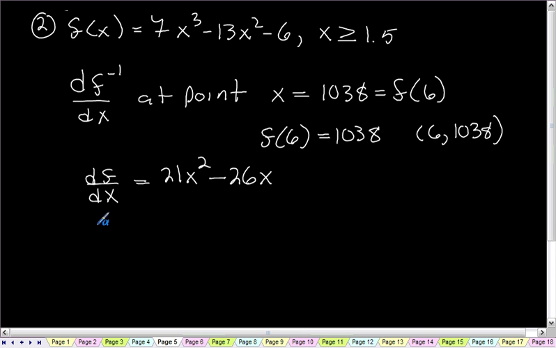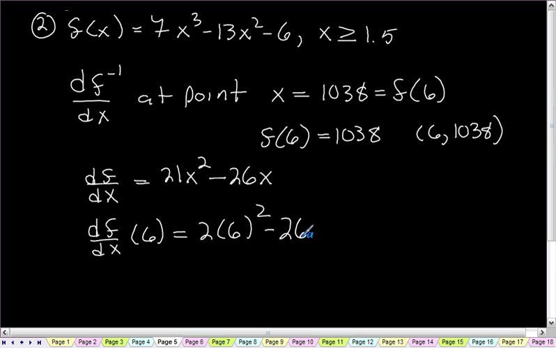Now if we plug in a 6 into the derivative, that'll give us what the slope is at x equals 6. At x equals 6, the slope is going to be 21 times 6 raised to the second power, minus 26 times 6.